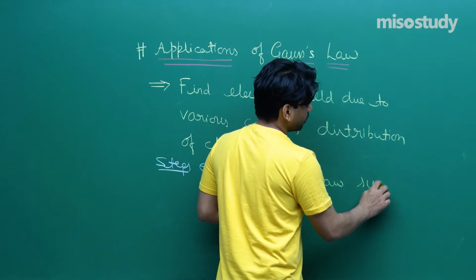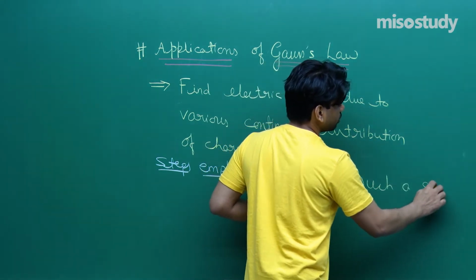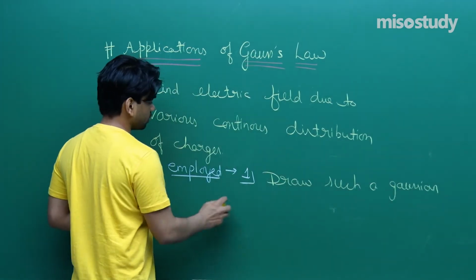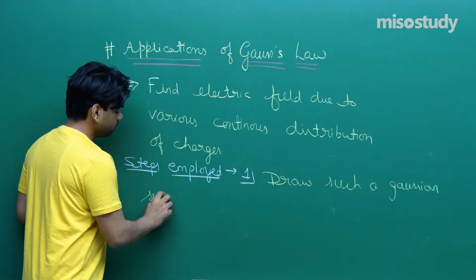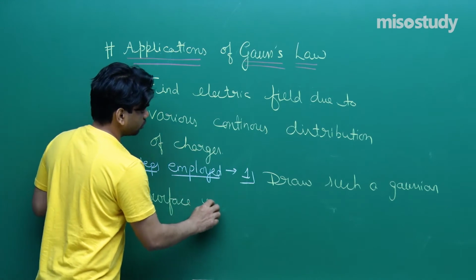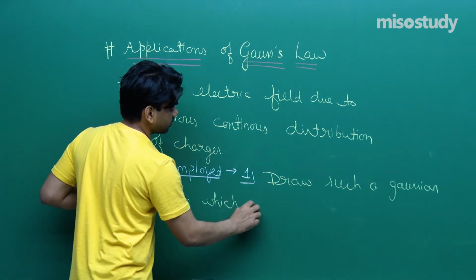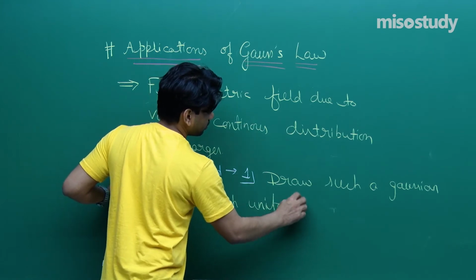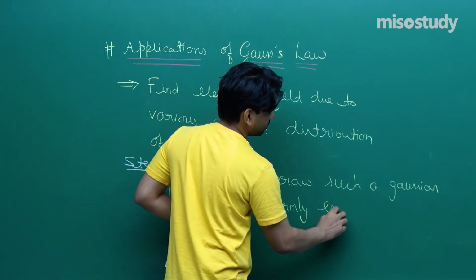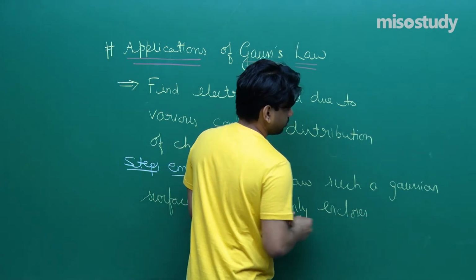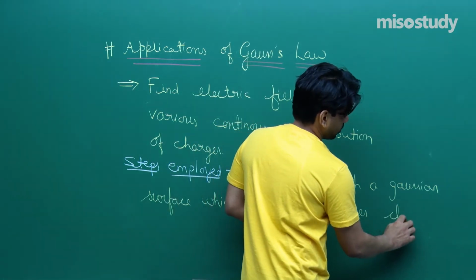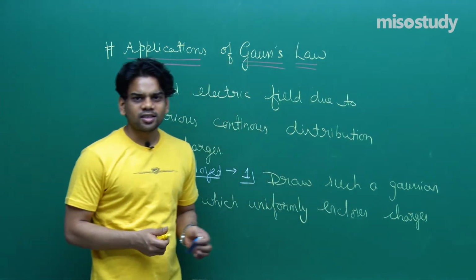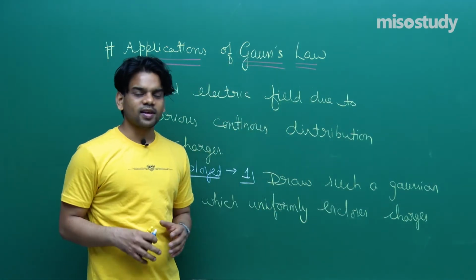Draw such a Gaussian surface which uniformly encloses the continuous charge system.